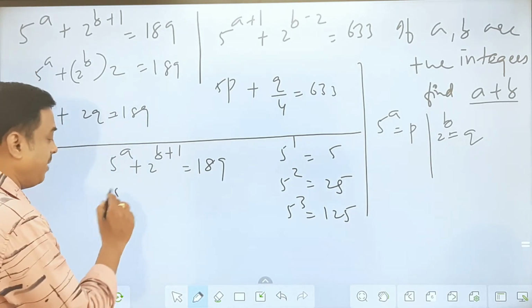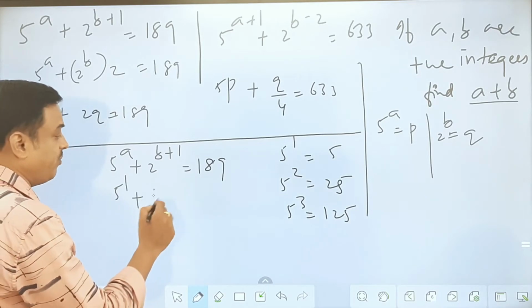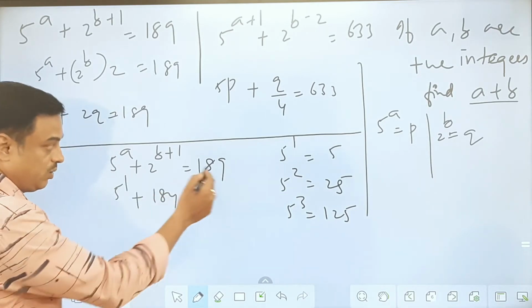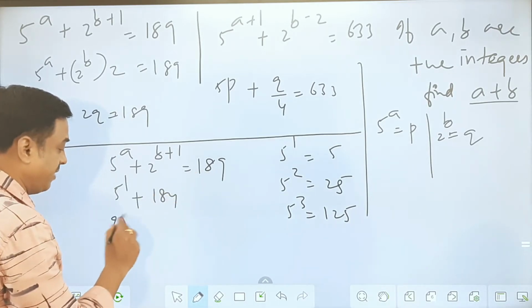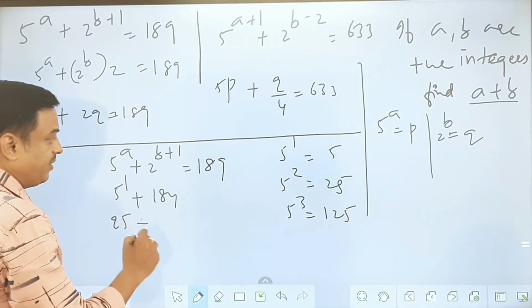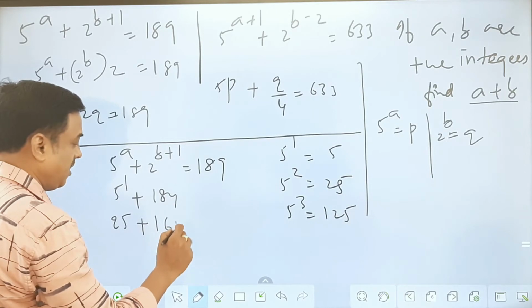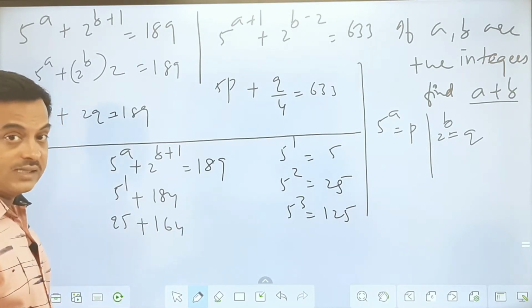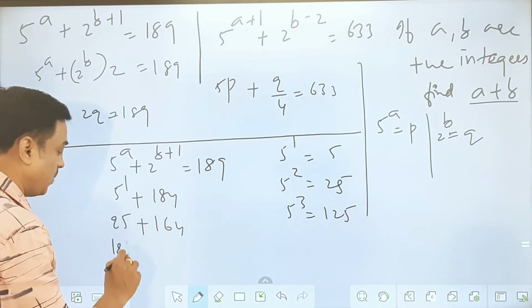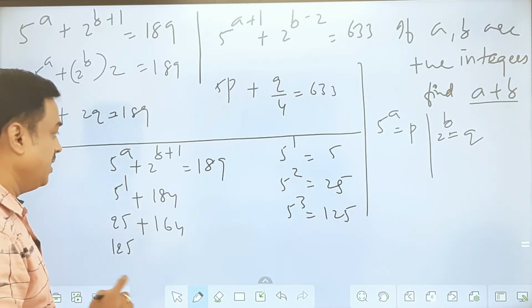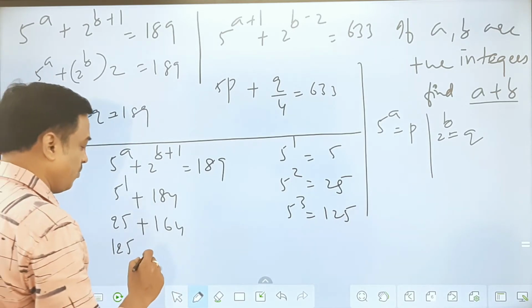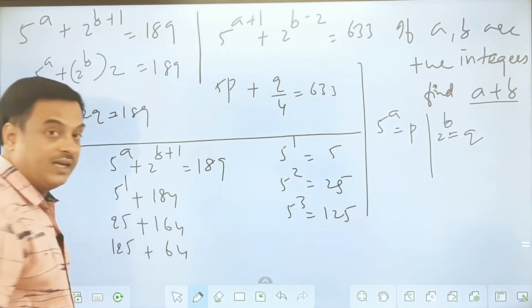So if I take 5 power 1, then this will be 184 to get 189. If I take 5 power 2, 25, then this will be 164 in this case. And if I take 125, for example, then it will be 64.